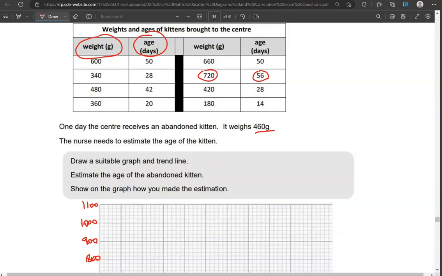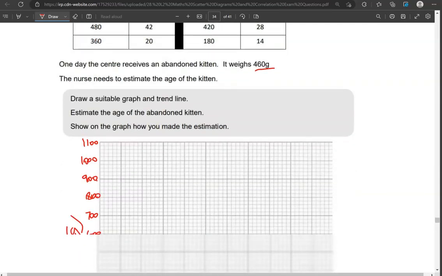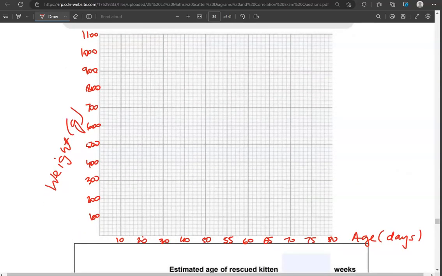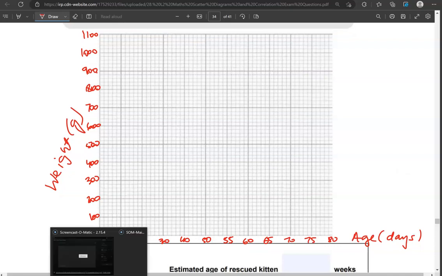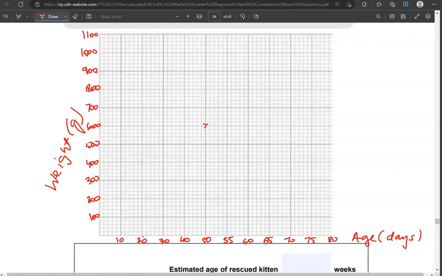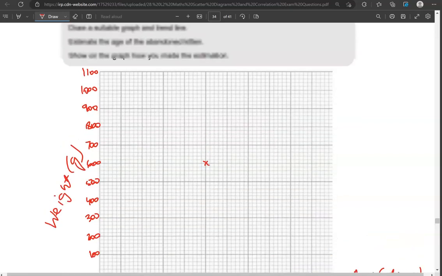Let's plot the first one. So weight 600 grams, age 50 days. So 600 and 50 there.